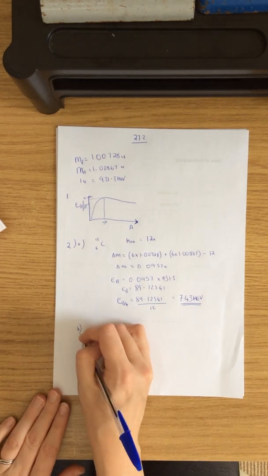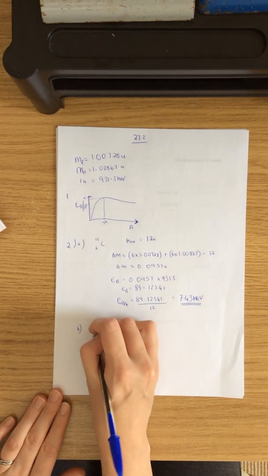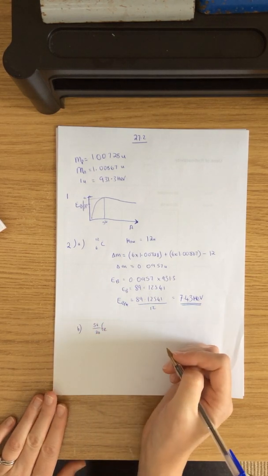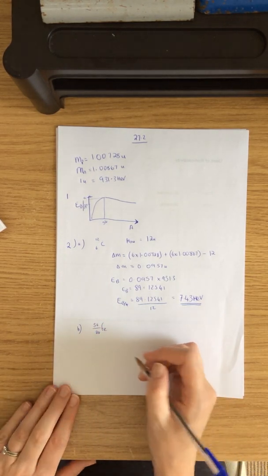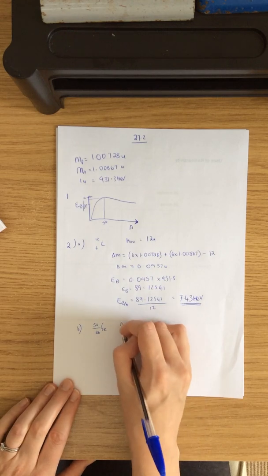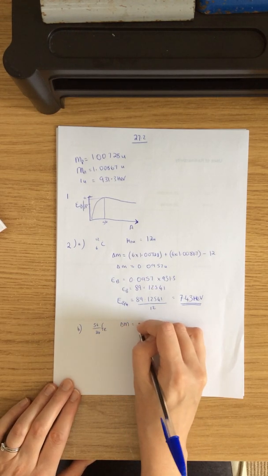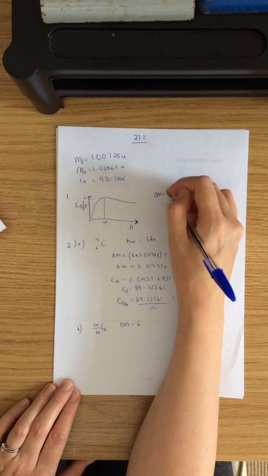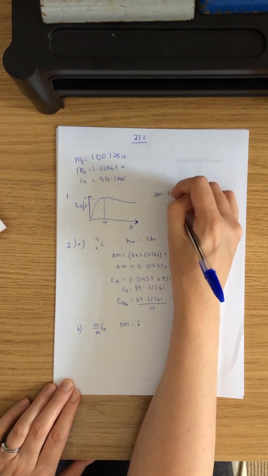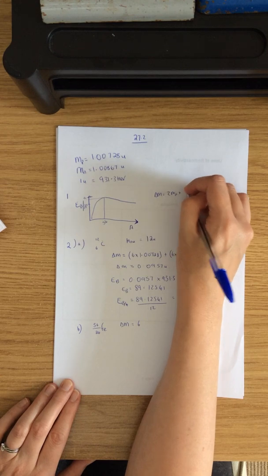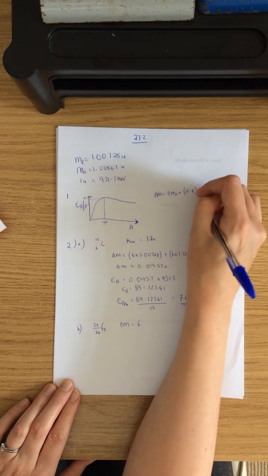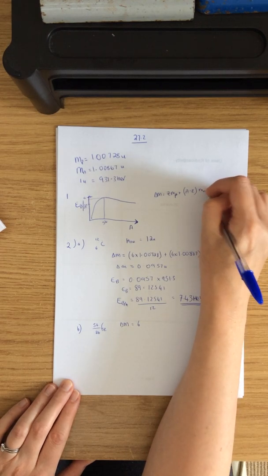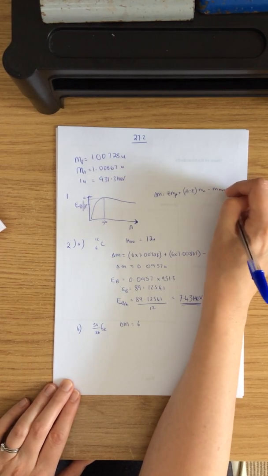Question 2B wants you to find the binding energy of iron, which is the one with the most binding energy per nucleon. So you find the change in mass first. Remember the mass difference equation is ZMP plus (A minus Z)MN minus the mass of the nucleus.